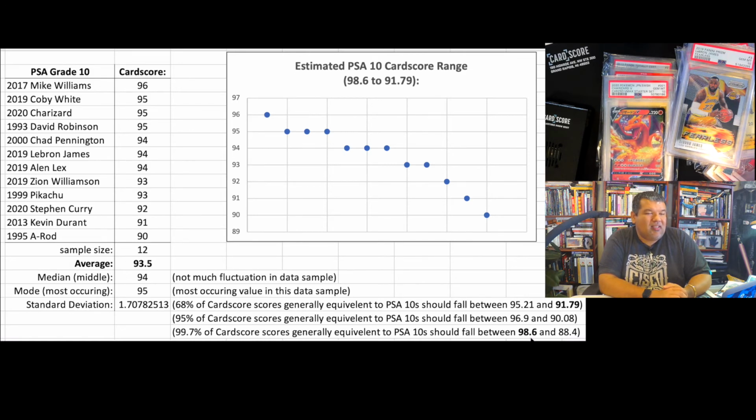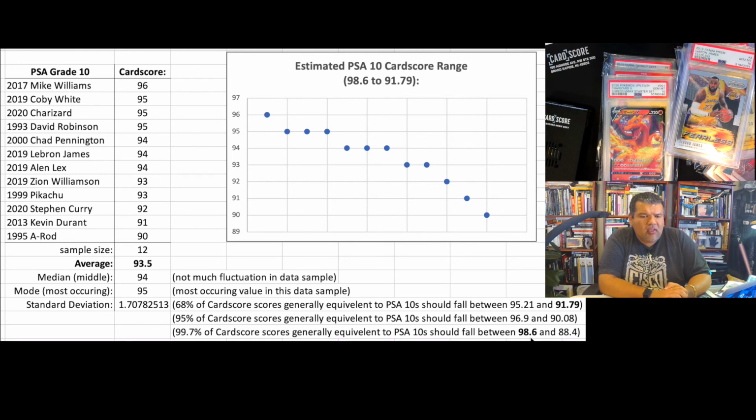You're not going to see Cardscore scores of 100, because that means that 50 people have to agree in 4 categories that the card is flawless. That's theoretically possible, but not practically possible. And 99s are almost as rare. So 98 is probably going to be the upper end of that.